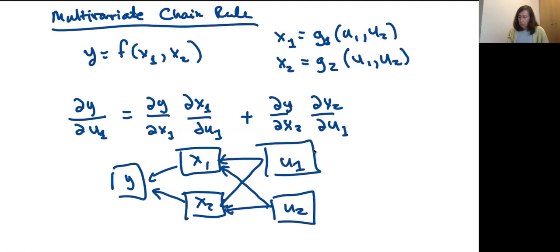If you do it this way, to think about the effect of u1 on y, you just trace all the paths. What are all the paths that start at u1 and end at y?